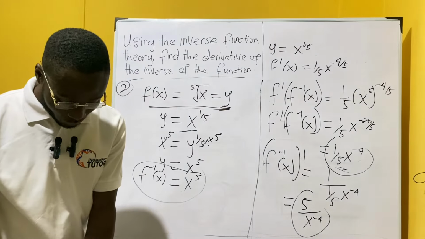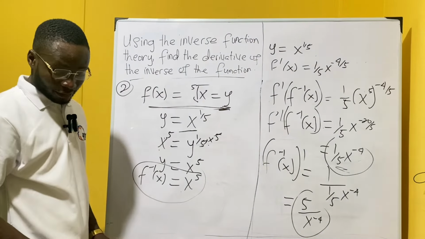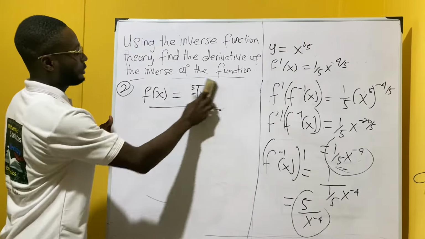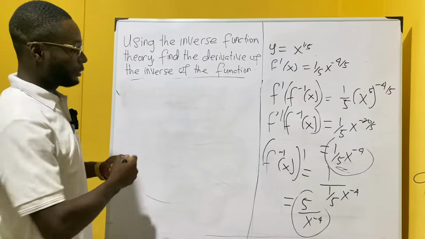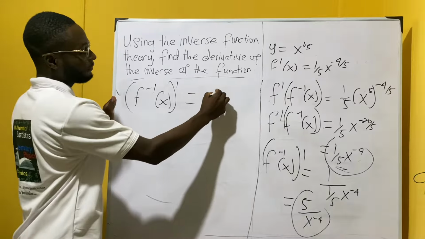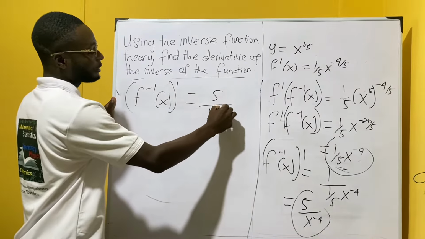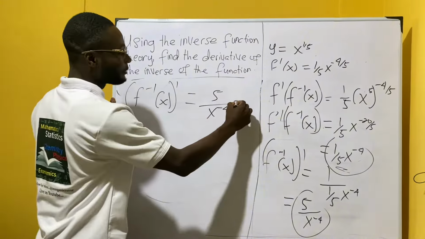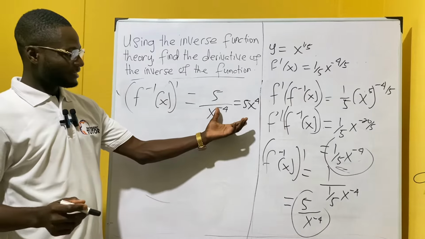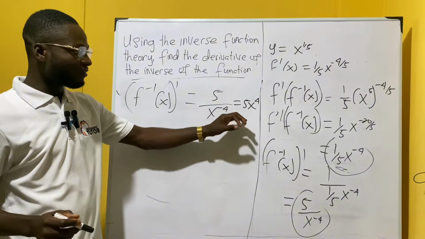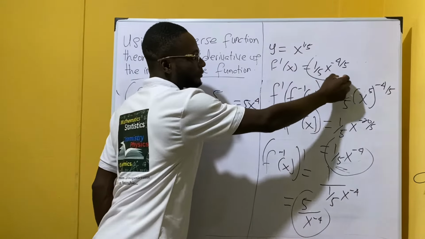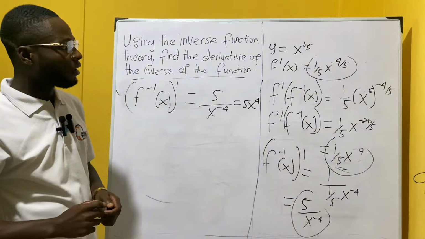So now what we have to do is that this is what, 5 x to the power minus 4, right? And this is the same as 5 x to the power 4, right? And this, we already know that we can confirm this by going ahead to find what? The derivative of the inverse.